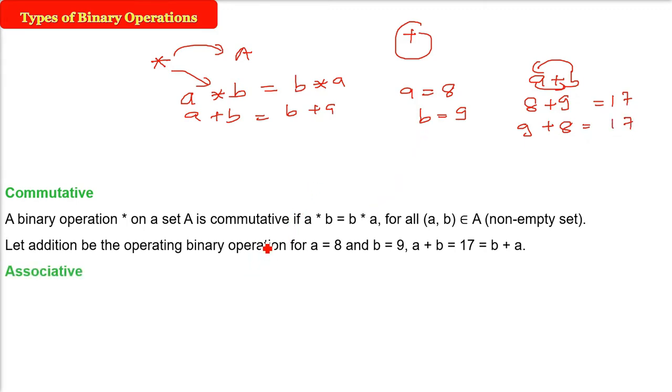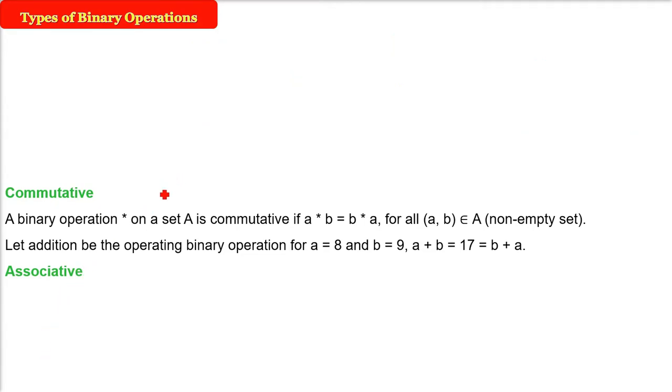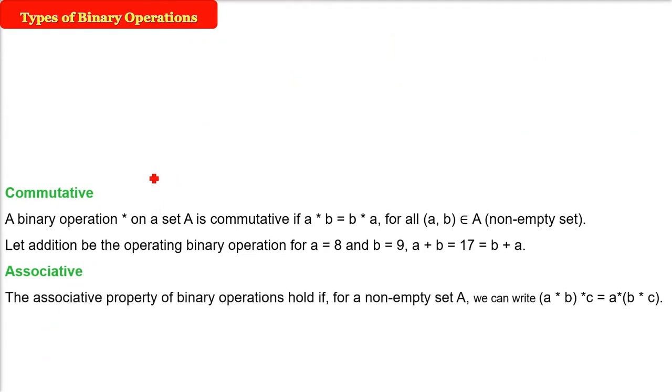Now coming to the second property or type of binary operation, which is the associative. So associative means, see, first you associate with someone else and the result should be associated to the other one. So the associative property of a binary operation holds on a set A, which has to be non-empty, that is, a set has to have some value.